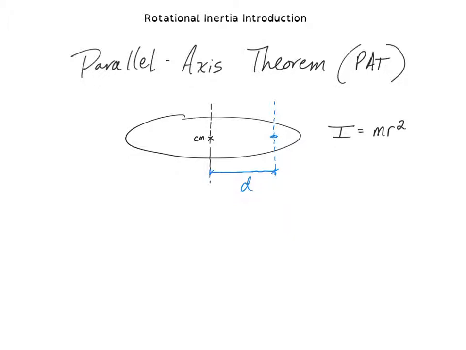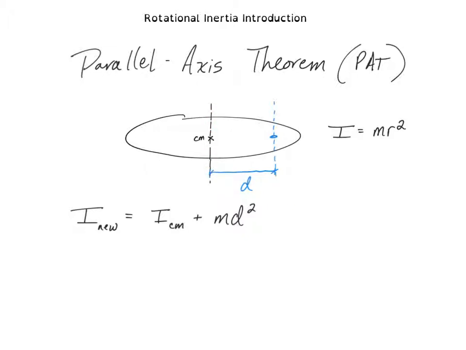What the parallel axis theorem tells us is that this new rotational inertia is going to equal the moment of inertia based on the axis running through the center of mass, plus the mass of that hoop times the distance that the axis actually shifted from the axis running through the center of mass.